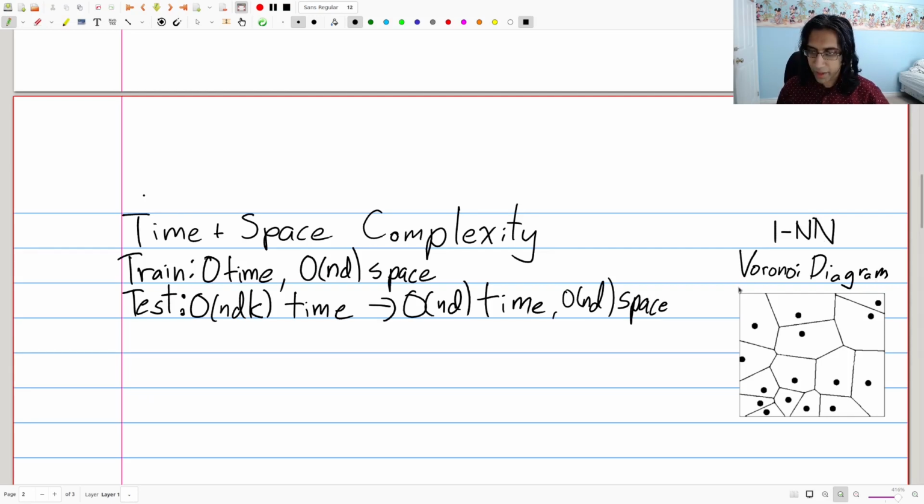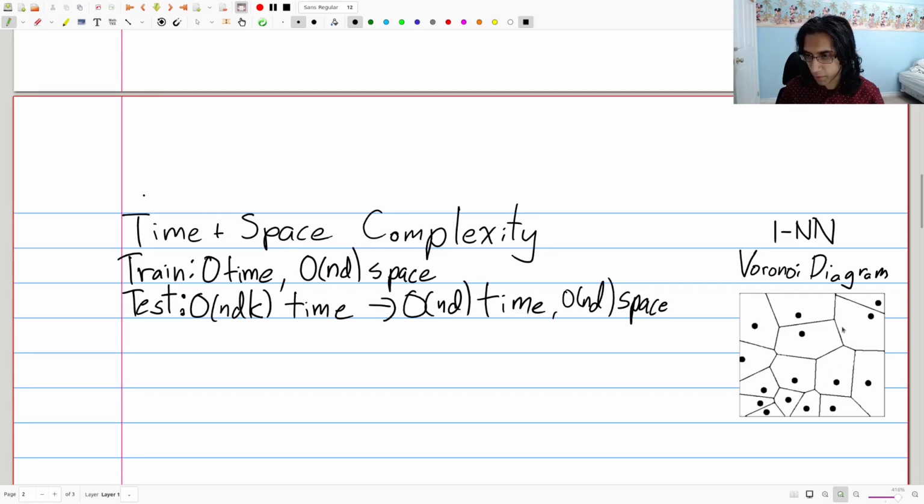In particular, you want to find just what one point is closest to each test point, and then you can pick the corresponding label.